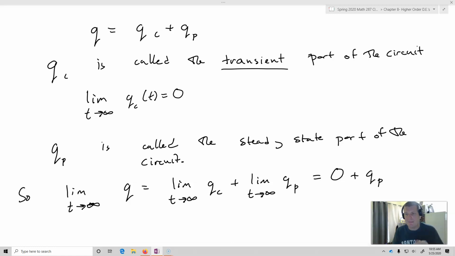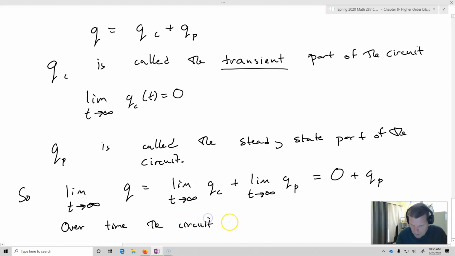It's called the steady state because over time, the circuit will approach the particular solution to the differential equation.